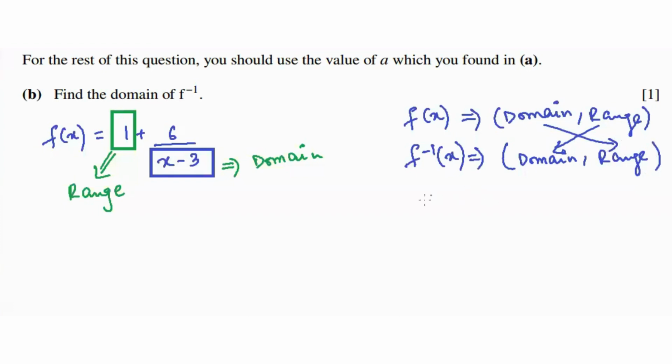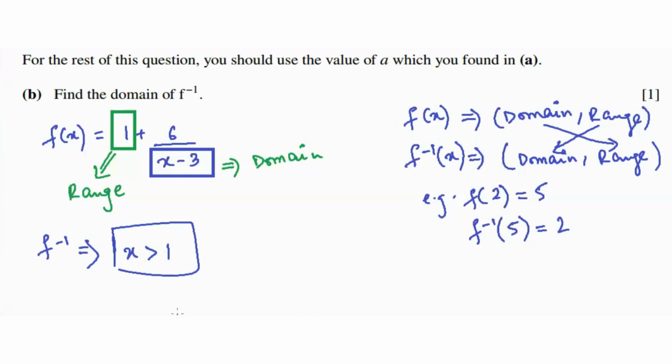So for example, if for f of x your domain value of 2 has a range of 5, then for the inverse, your domain value of 5 would have the range of 2. Do you see the difference? It becomes the opposite. So in this case, for the f of x function, your range is y greater than 1. So for the inverse, your domain would be x greater than 1.